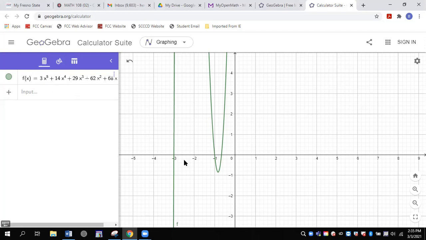And I'm looking at the graph and I'm seeing three places where it hits the x-axis. 3 zeros that are real. That means there must be 2 that are imaginary because there's a total of 5. What are these guys? This is -3. This one's -1. And this one is something a little more ugly. So I'm just going to use the 2 that are obvious, the -3 and the -1.